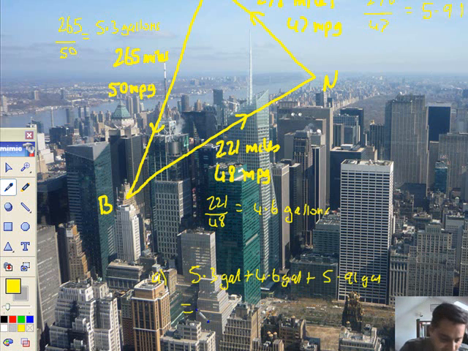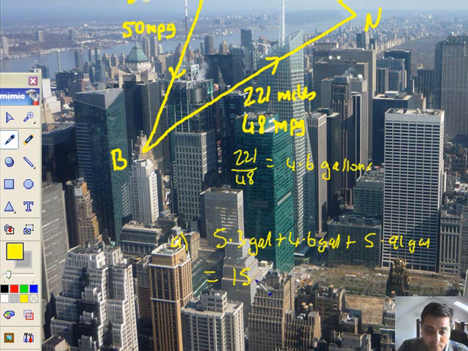So that's going to give us, do the sums, 5.3 plus 4.6 plus 5.91, 15.81 gallons. Conclusions, therefore, no, you can't do it. Poor old Sam, he might have to take the bus for the last part of the journey.